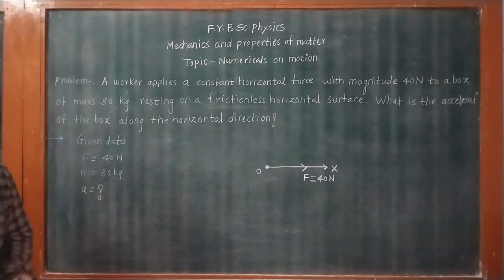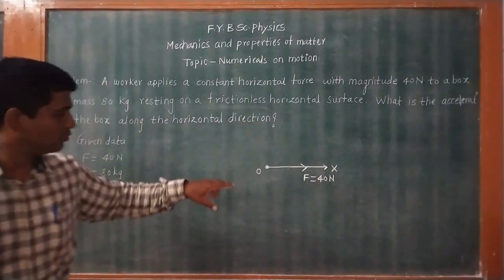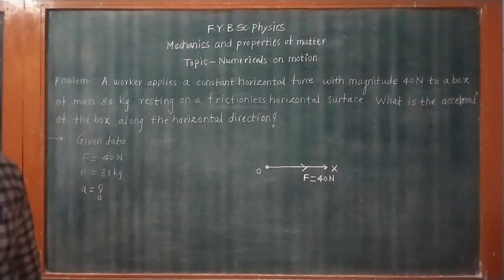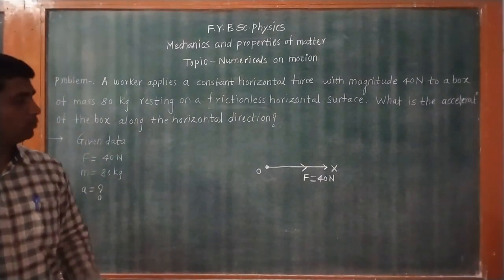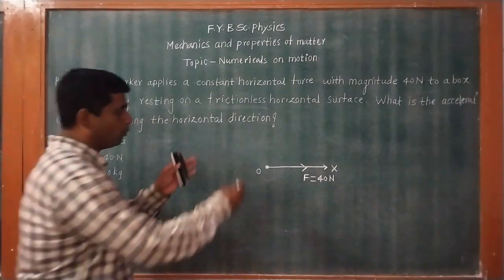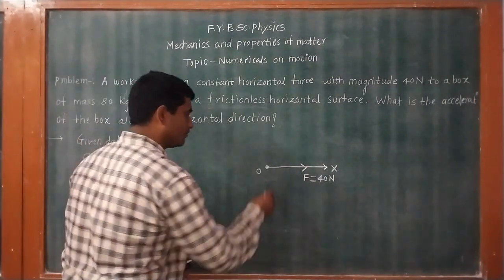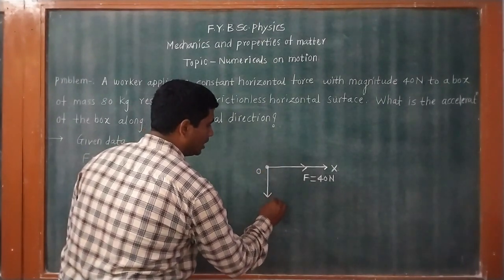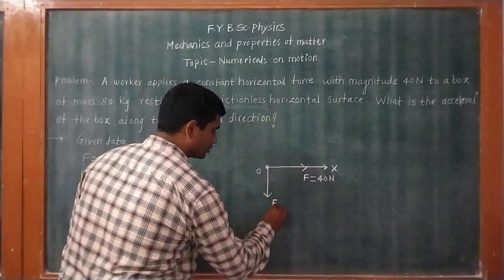Now if you consider the box is kept at the position O, what are the forces acting on this box? You can realize that if the box is kept on a horizontal surface, the acceleration due to gravity will exert a force.